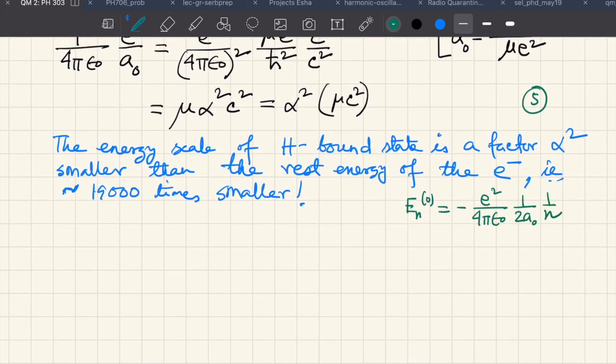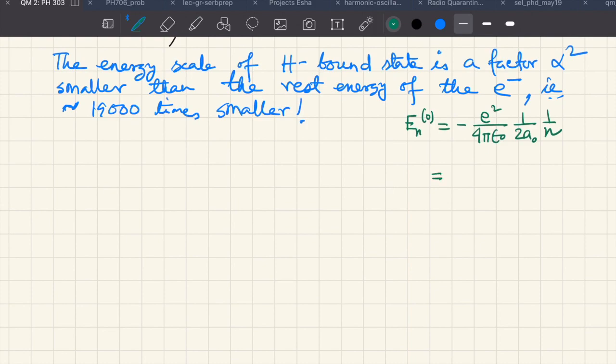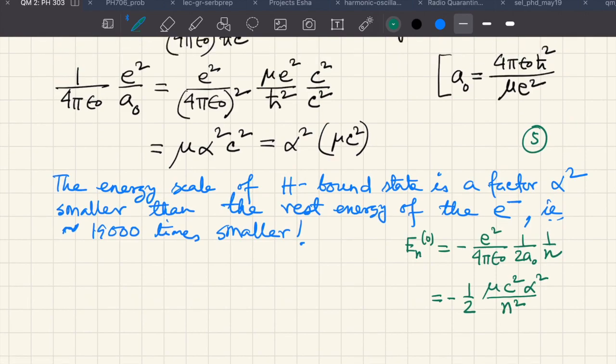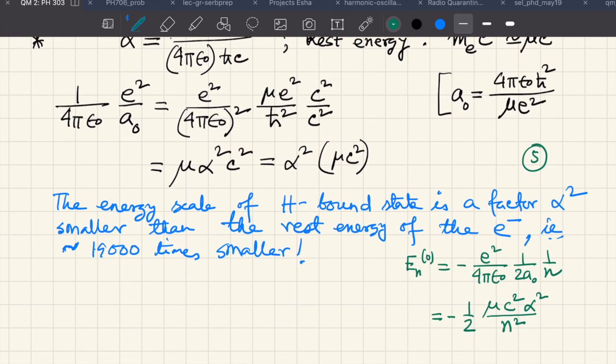1 by n. And now we can simply write it as nothing but minus half mu c square alpha square, and there should be 1 by n square, because our 1 by 4 pi epsilon naught e square by a0, this whole factor is sitting here, e square by 4 pi epsilon naught 1 by a0, which I have just replaced.